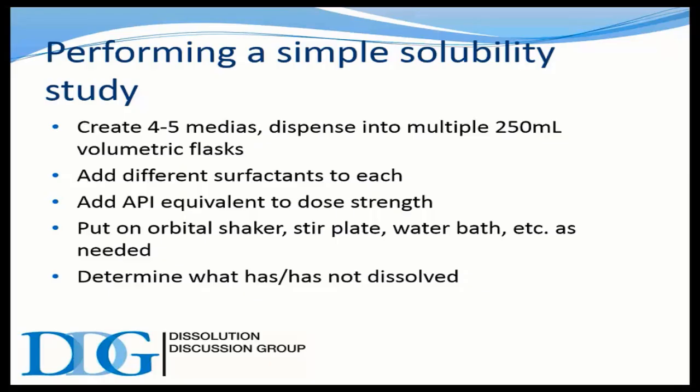So once you've got your API in the various flasks, you can put that on whatever sort of shaker or agitation device you want to use, and just simply do a visual check and see what has and hasn't dissolved. And if you want to go to the next slide, Brian. Okay. I was just going to make one note on the mixing of it, that has to be temperature controlled, or suggested that it's put in some type of hot box or controlled environment chamber where it's maintained.